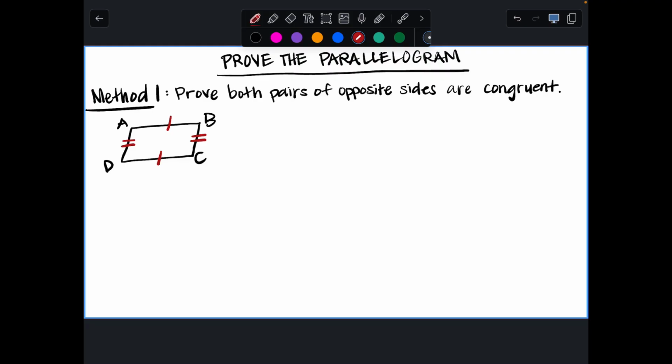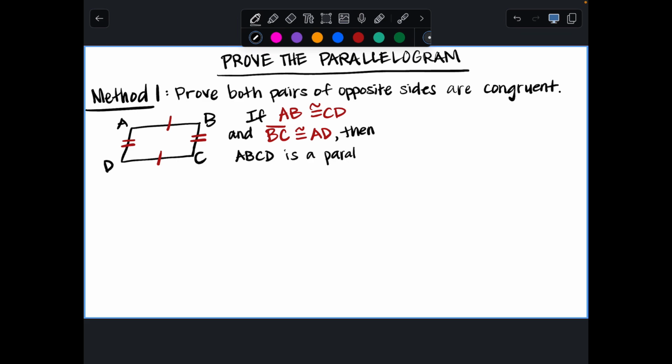You have to prove both things to prove that it is a parallelogram. If AB is congruent to CD and BC is congruent to AD, then ABCD is a parallelogram. For this method, you're going to use the distance formula.